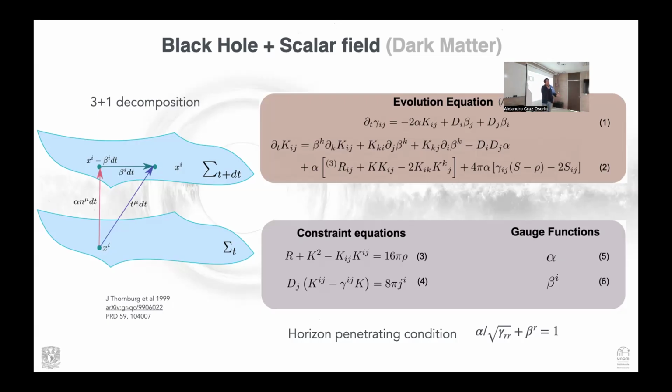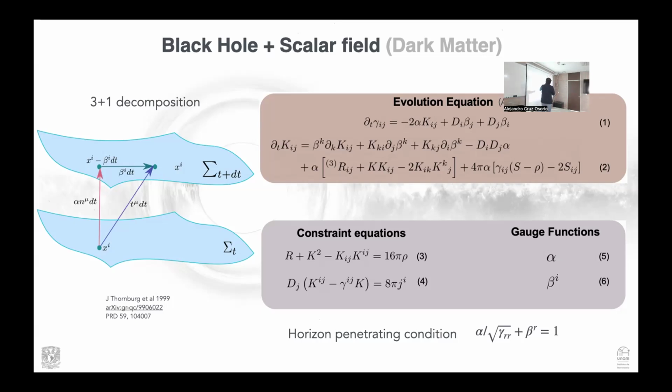This is the connection to the matter, any kind of matter. And we also obtain a constraint equation that should be satisfied along the evolution. People know this as the ADM formulation of the Einstein equations, due to Arnowitt, Deser, and Misner. So we want to solve these equations.